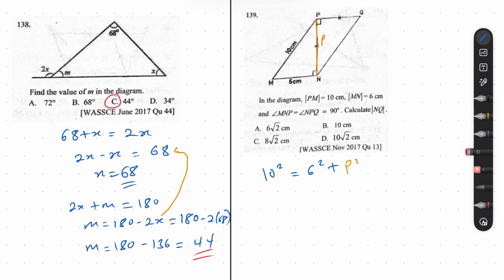P squared will give us 100 minus 36. So P squared is equal to 64. We can take the square root of both sides, and then P will give us 8. You can put this in your calculator, you find that P will give us 8. So this side here is 8.